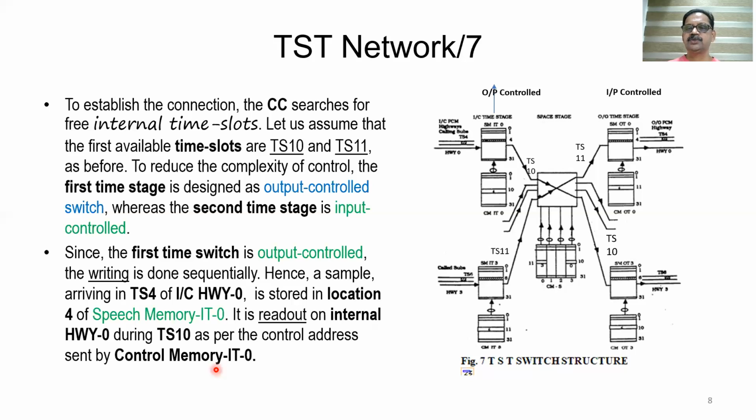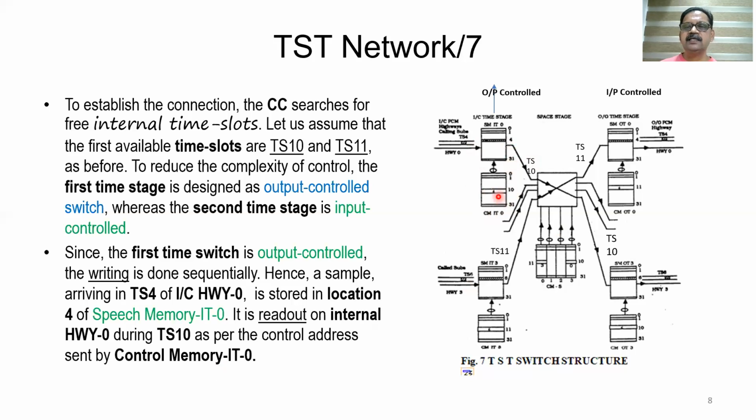IT 0. So this is the control memory of incoming trunk 0. Here the output is read based on the control functionality in time slot 10, because we have associated the internal time slot, which we have considered as TS10.